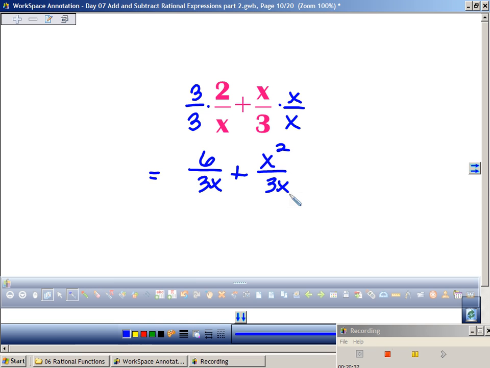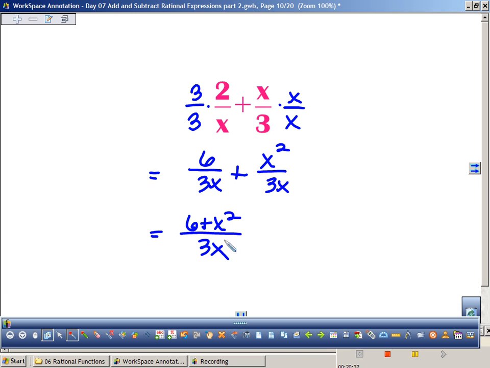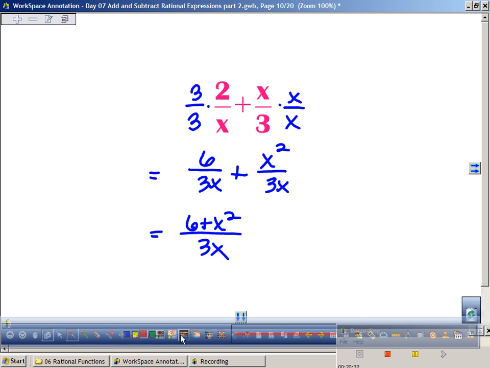Now I have common denominators, so now I can combine my numerators: 6 plus x squared over 3x. Then I'm going to do this. Can't do that. That's another common mistake, right? Can't do that. Okay. I think you guys are going to do good.